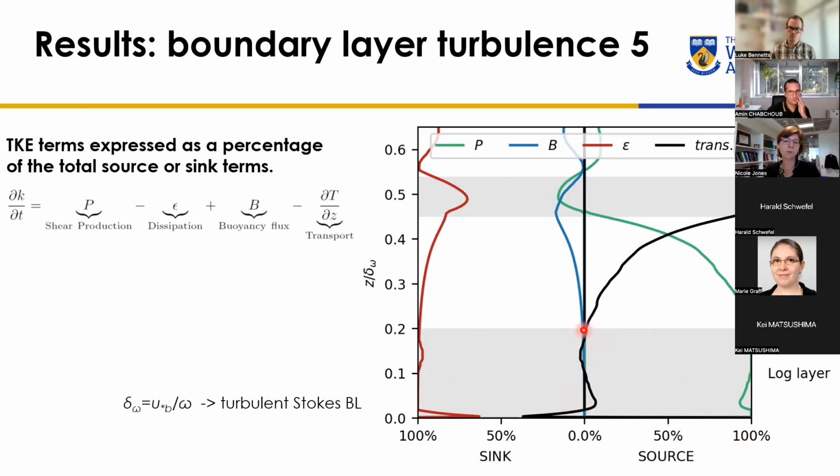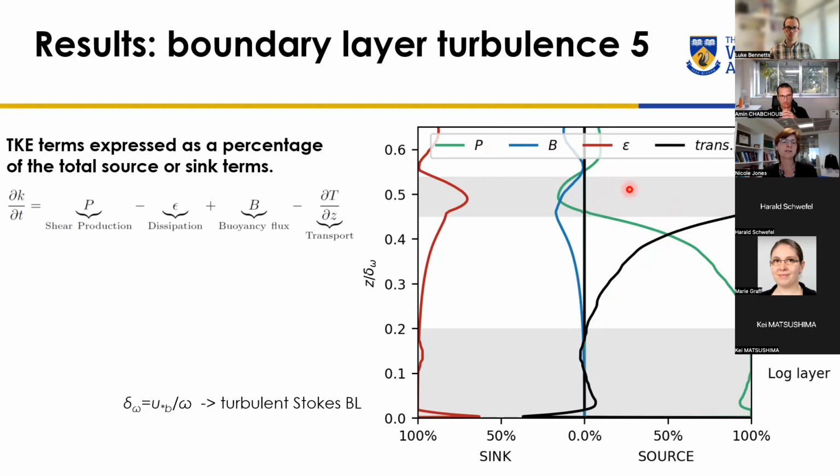But as we move away from the bed and up towards our pycnocline region, which is this grey region shaded up above, the turbulent transport term becomes increasingly important, and the importance of the shear production decreases. This means that we no longer have this balance, and the transport term is in fact very important in the pycnocline, as well as the buoyancy production.